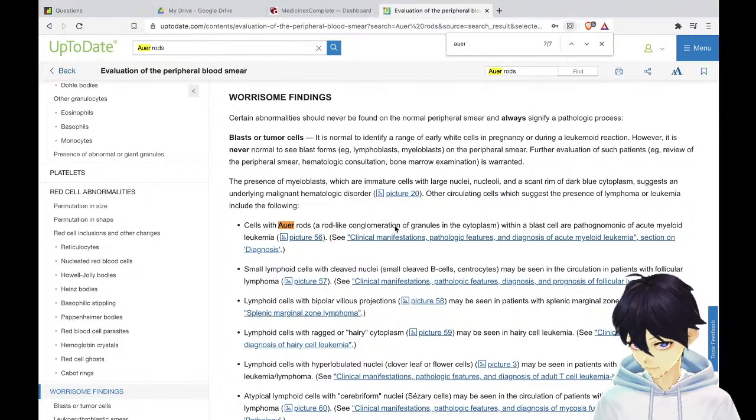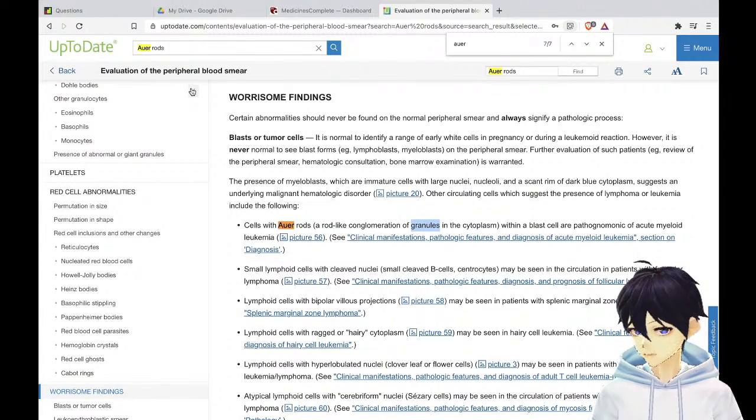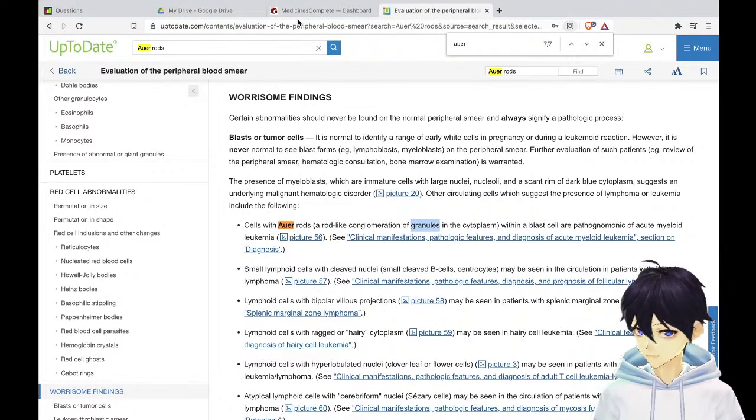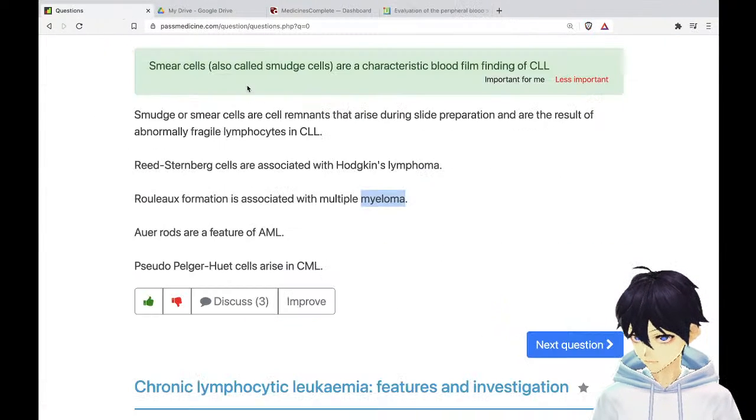Rod-like conglomeration of granules in the cytoplasm. Oh, so it's actually made of granules. It's actually made of granules in the cytoplasm. Okay.